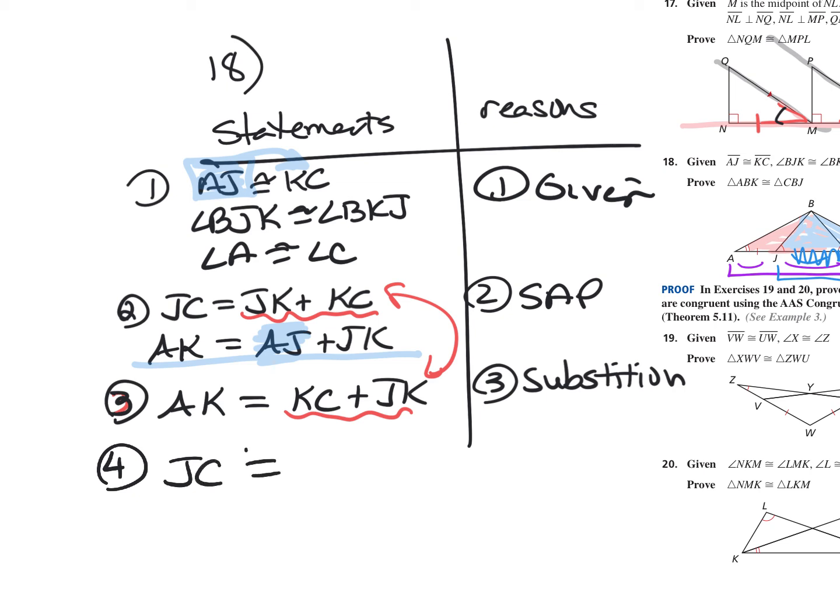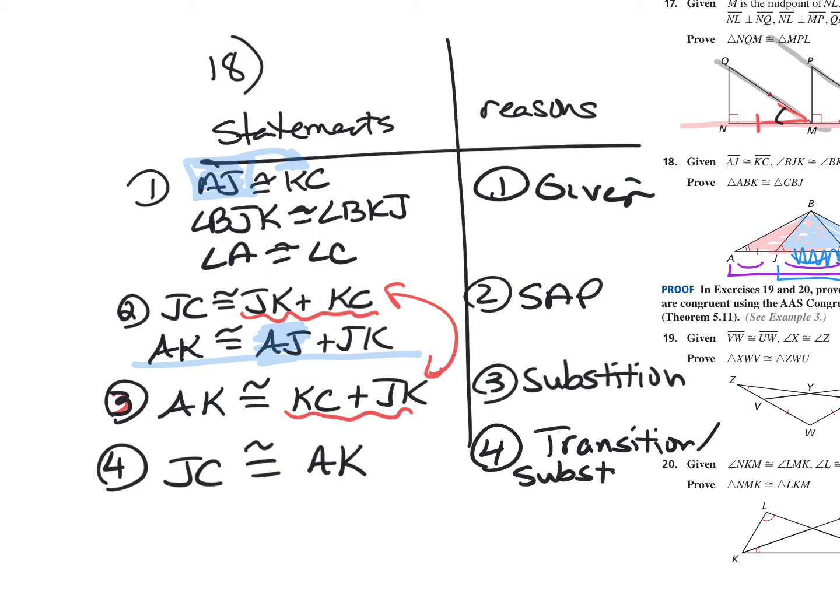And you could have left all of these as congruent, so you don't have to put in that extra step of definition of congruent segments. And then here would be transitive, or in this case, you could use substitution. In step 3, you can't say transitive there. It has to only be substitution.